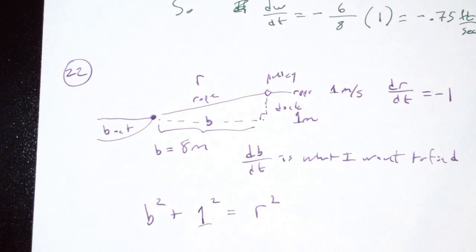Since that piece isn't changing, I don't have to worry about its derivative. Just like we did in the previous problem where we knew the floor but didn't know the wall. I know right now the boat distance, but I don't know the rope distance. If I take my derivative here, what do you get?